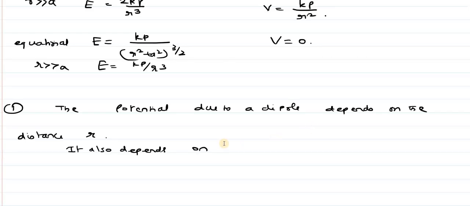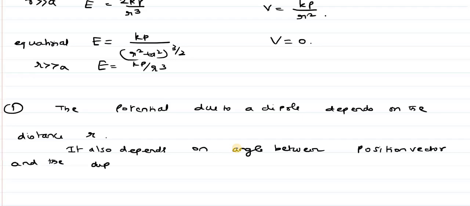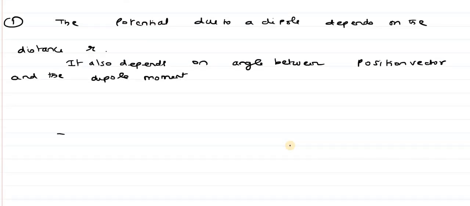So here what you have to write: it also depends on the angle between the position vector and the dipole moment. Just now I explained. See, this is what I told you for any other point.